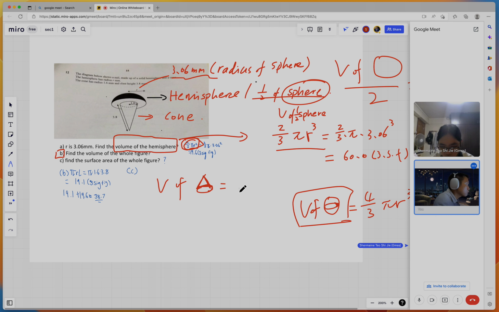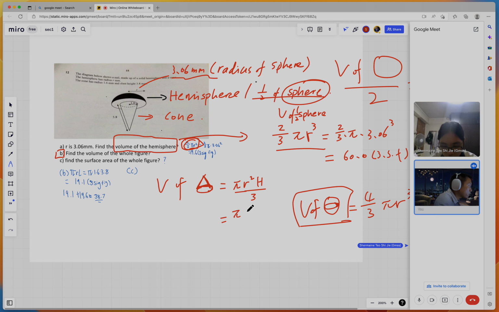Volume of cone is pi r square h over 3. Can you repeat? Pi r square h over 3. Very good. Okay, good.